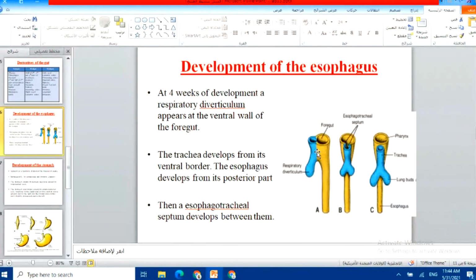Then the trachea, اسمعوني زين, the trachea أو شيء respiratory diverticulum, then the trachea will form, okay, then أنا ما راح أركز على الventral wall وخلينا نقول النقاط مثلا نقول posterior part هذه لا, أنا مجرد أريدكم تعرفون أول شيء the respiratory diverticulum will form, then the trachea will form, okay, then the esophagus will form, then the development will continue in order to form the esophageal septum.